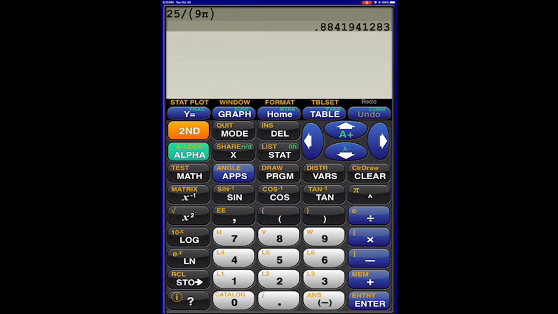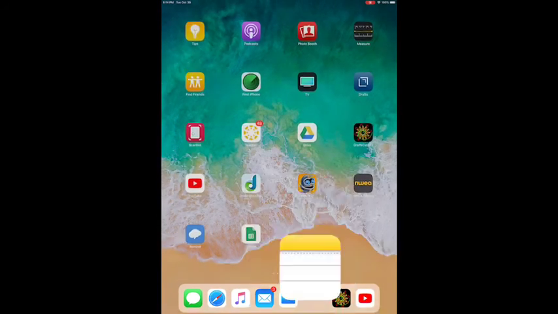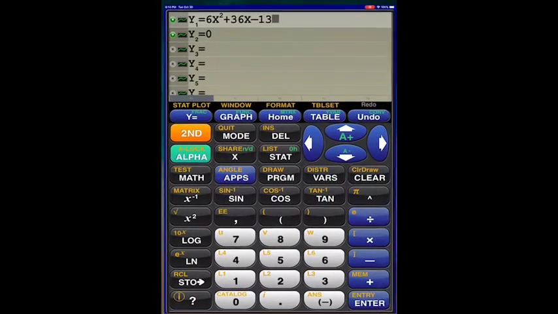So I know it's 6y squared, but of course we're going to call it x because that's my variable for a calculator. Plus 36y minus 13. Let me just double check on that. Okay. And in y2, we've got 0.